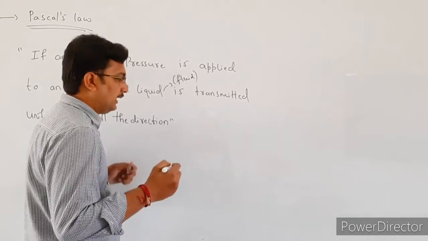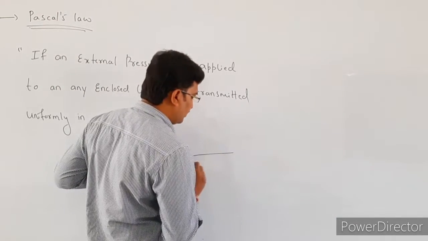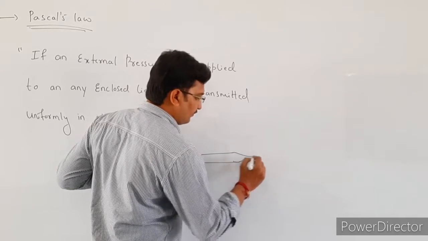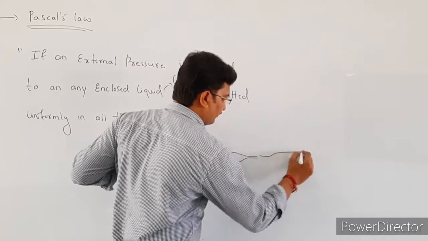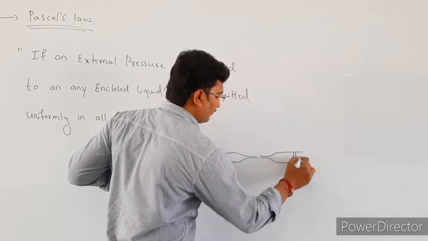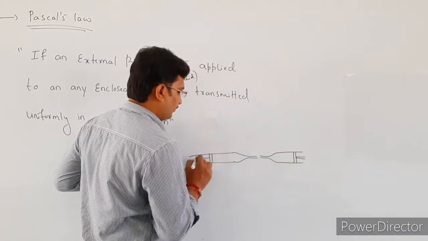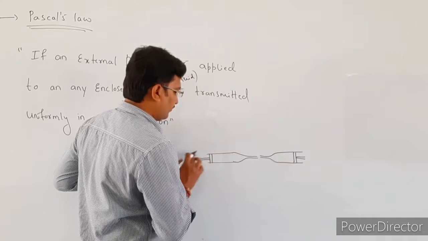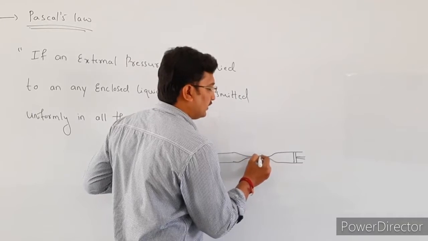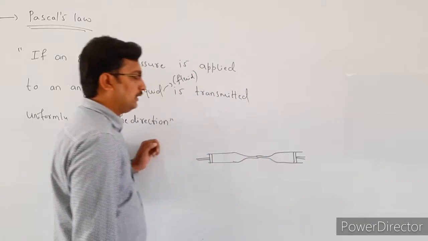See the general example here. Consider two syringes, and these two syringes are connected with the help of a pipe.